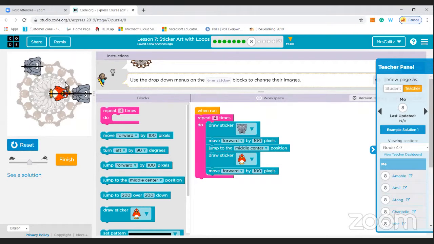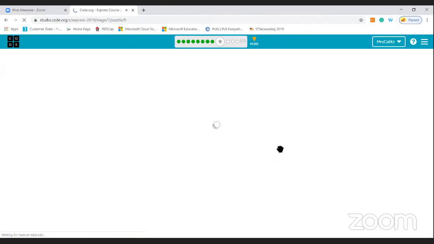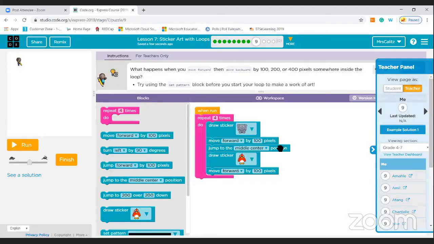Yes, we know that. So this is what we've already done, guys. So lesson 7 is a bit boring, especially if you're not into art, but we are going to need this in future. What happens when you move forward and move backward? That's what I already showed you guys.